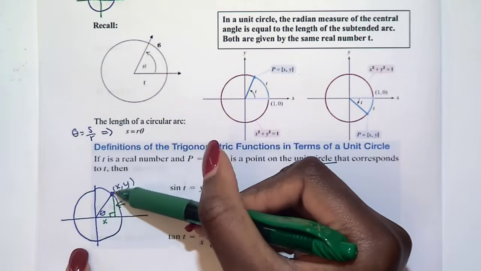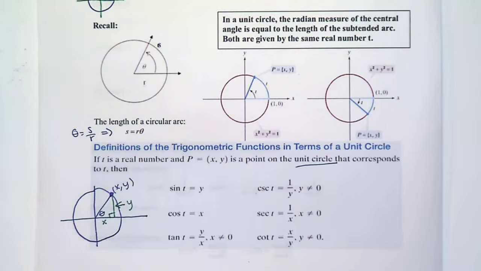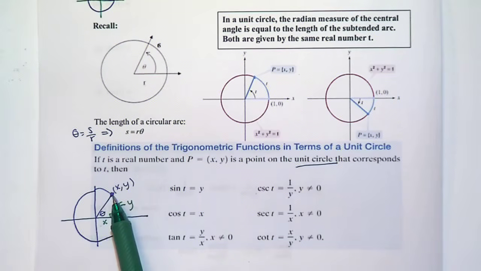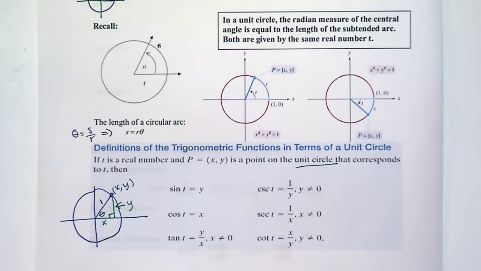This is the height of our function, so this is defined by y. And then, of course, the hypotenuse, what would that be? Well, it's the distance from the center to the edge of the circle. It should be our radius, which is 1 on a unit circle.